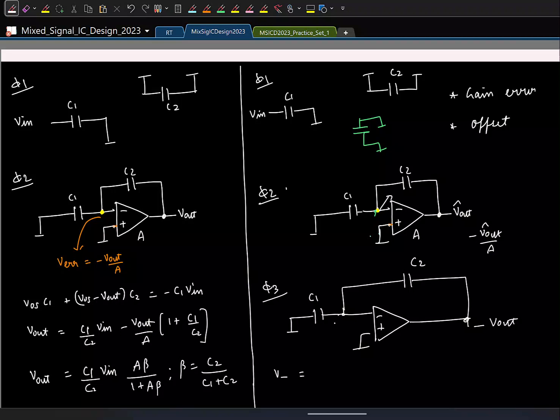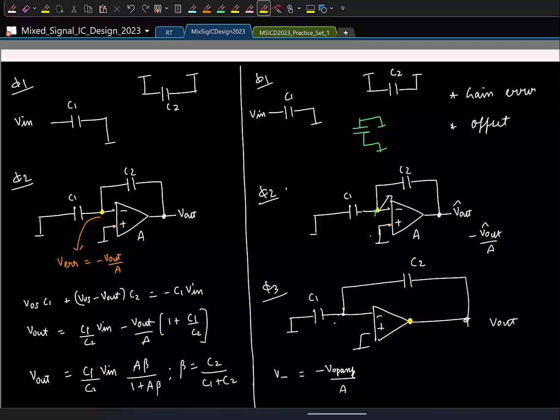With finite gain, it is minus V out by A. It's not minus V out, it's just that line which didn't get erased. In principle it is the op amp output by A, so I'll say minus V op amp by A. And in this case, I have connected the op amp output to my output.